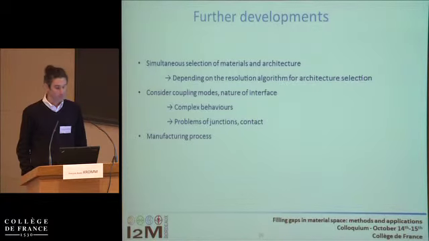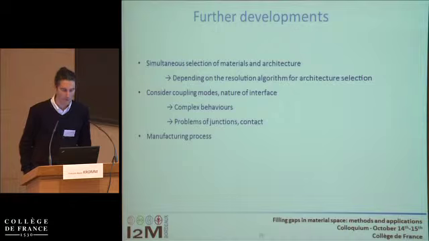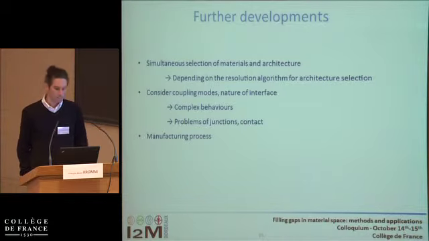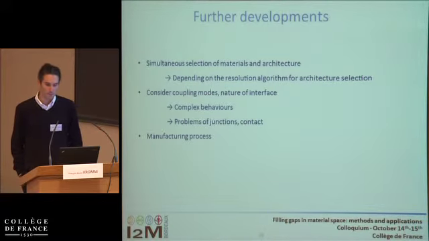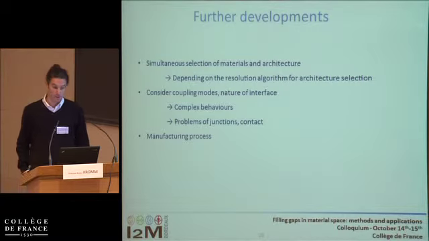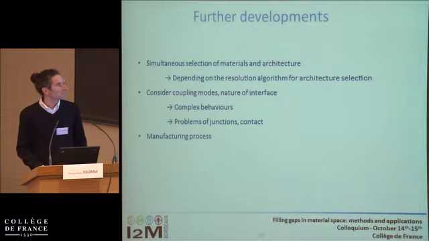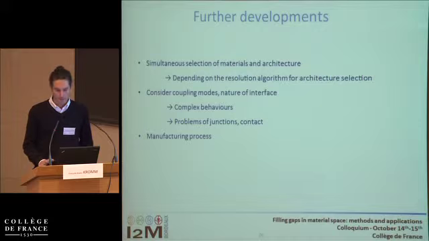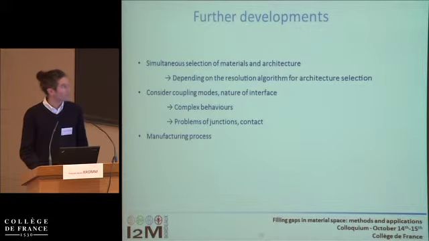And the interface problem will probably make us deal with complex behavior and take into account problems of junction or contacts, for example. So for the moment, we didn't deal with that. Then it would be interesting too to integrate the manufacturing process in this design, because it greatly influences the behavior of the multimaterials, and it's always a big problem for multimaterial.